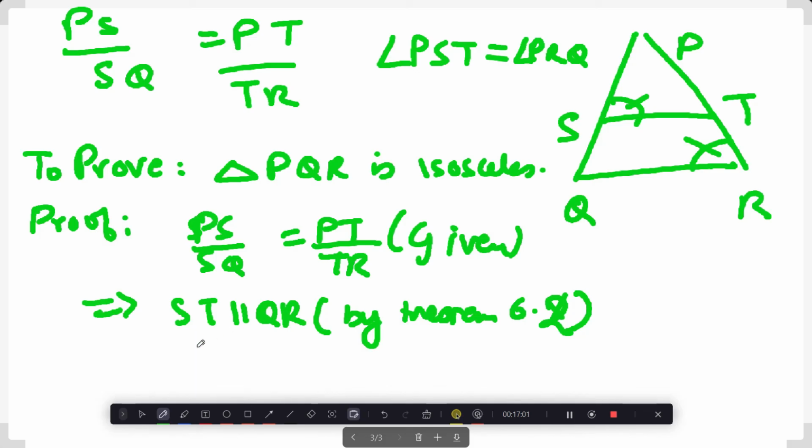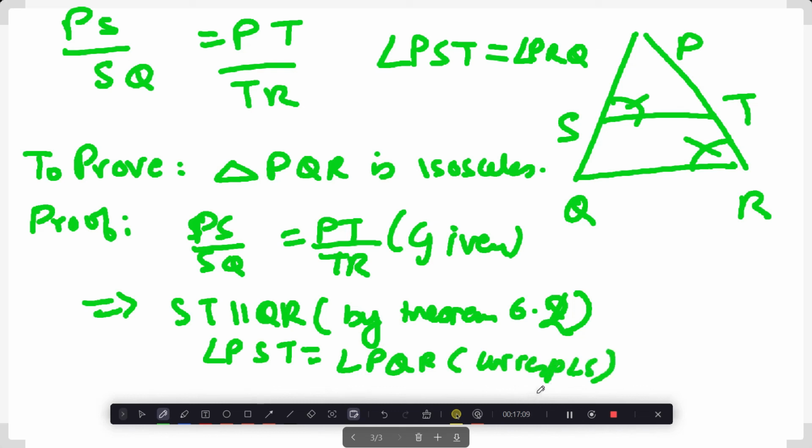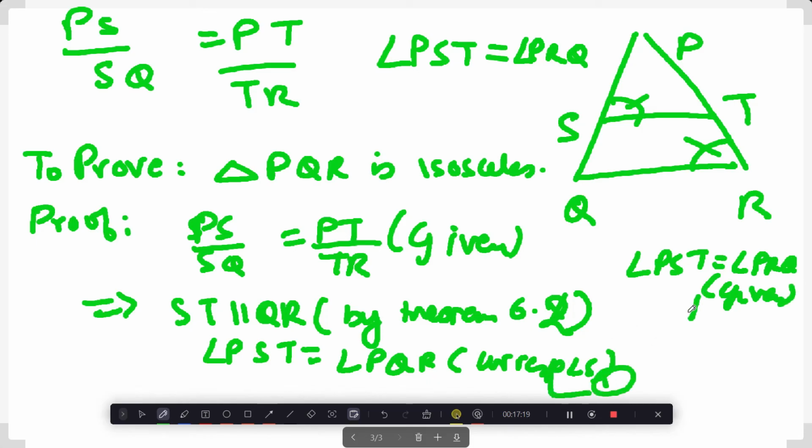Now if ST is parallel to QR, then angle PST is equal to angle PQR, corresponding angles, right? Now also given is that angle PST is equal to angle PRQ. So from 1 and 2, what can we conclude? Angle PQR is equal to angle PRQ. Hence proved that this triangle is an isosceles triangle.